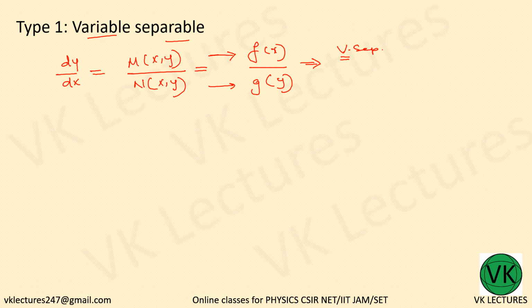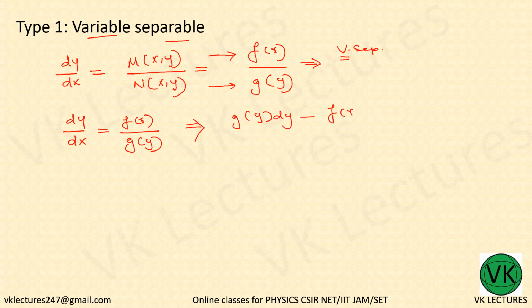So then you can write the dy by dx as f of x divided by g of y, some functions of x and y, which implies g of y dy minus f of x dx equal to 0.